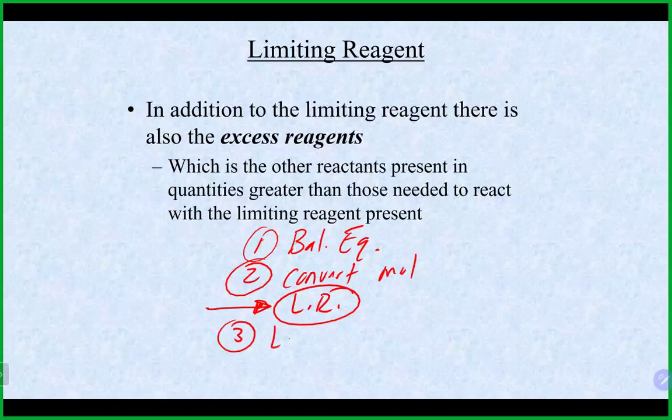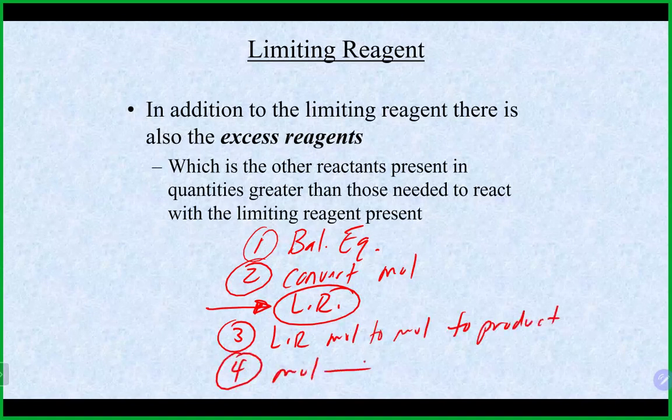We will use the limiting reagent, and do the mole to mole relationship to our product. And then we will take the moles to some other unit if necessary. So one method to solve for it, and the one I'm going to basically talk about here is doing this.